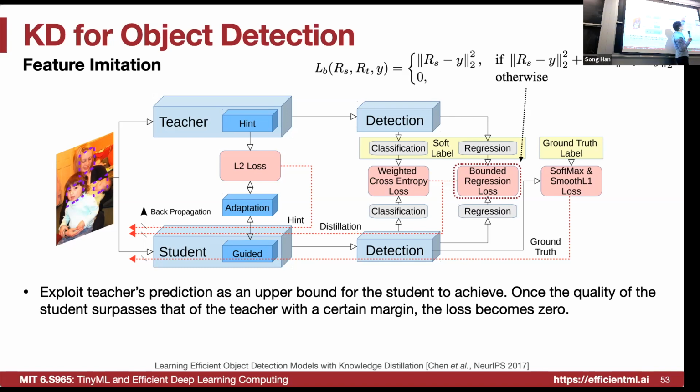As soon as it is small enough, we don't give it any penalty. Otherwise, we continue to penalize it until it is smaller than or equal to that of the teacher. So this is another thing that is different from classification.